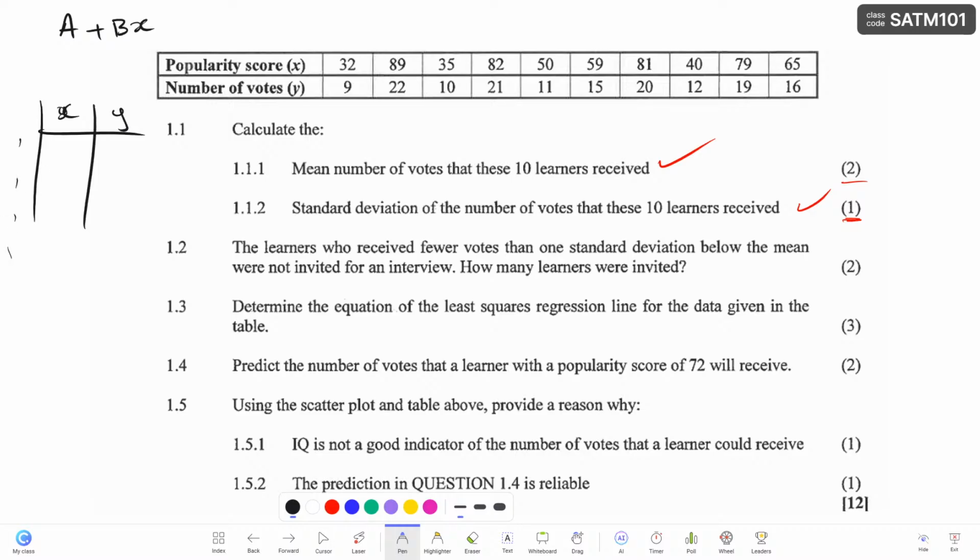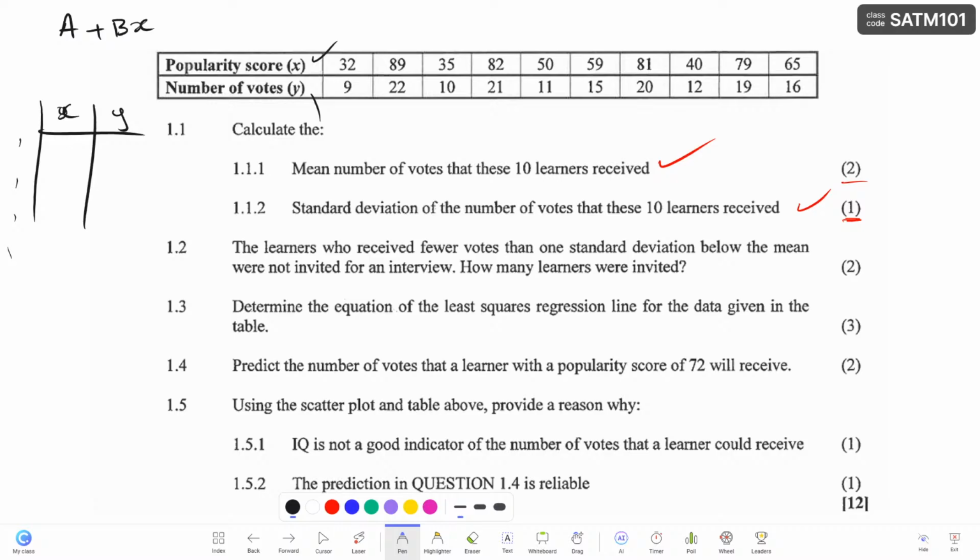Here we have x, here we have y, then here are the numbers. So let's punch the x value first. Checking our table here, you can see that x is this one, then y is this one. So don't confuse the values. Firstly, we are going to say 32, 89, 35, 82, 50, 59, 81, 40, 79, 65.